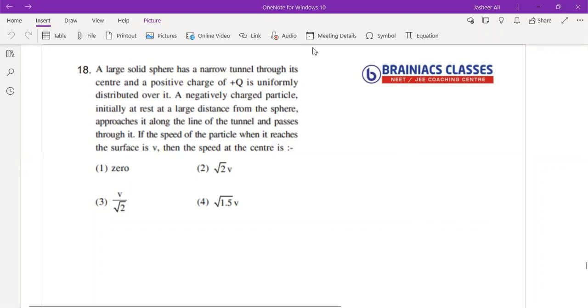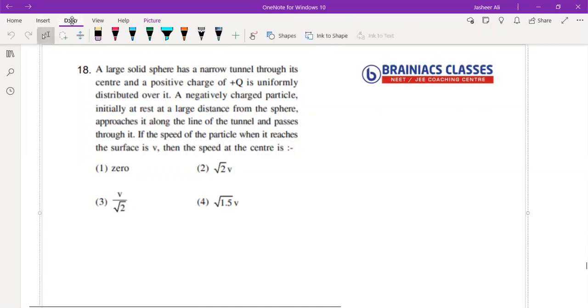A negatively charged particle initially at rest at a large distance from the sphere approaches it along the line of the tunnel and passes through it. If the speed of the particle when it reaches the surface is v, then the speed at the center is. We'll first represent this as a diagram based on the data given to us.